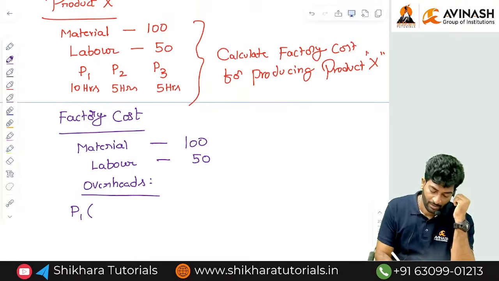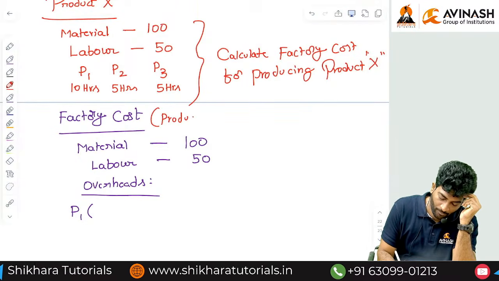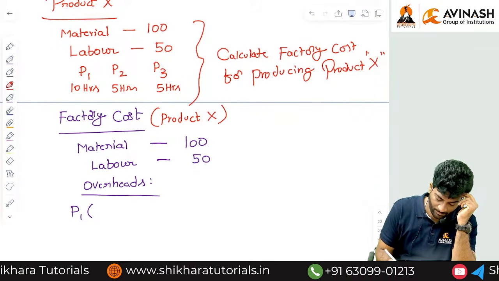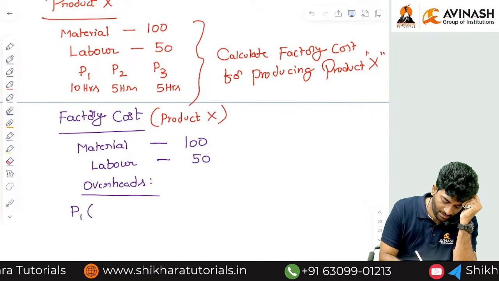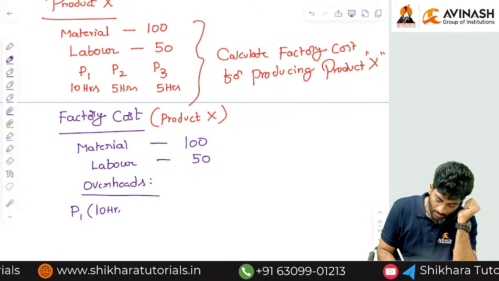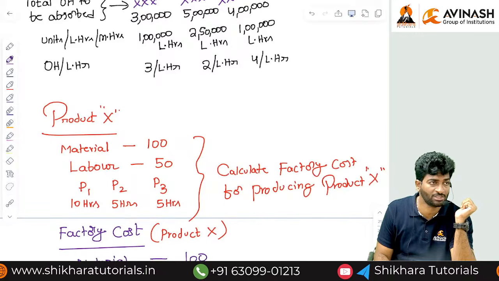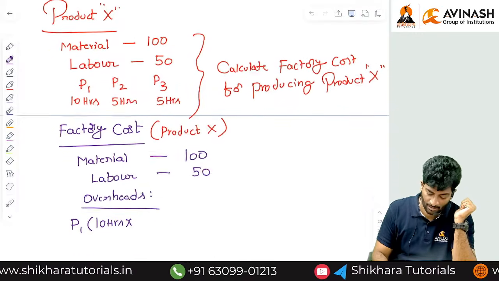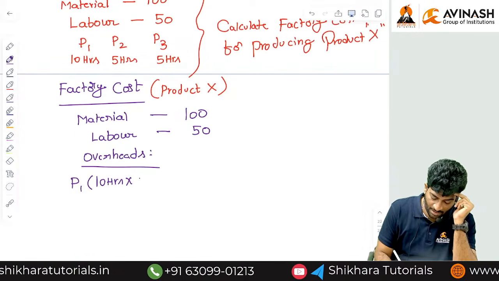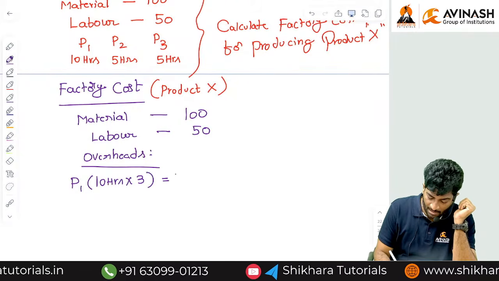I mean, factory cost for product X. So how many hours is it taking? 10 hours, right? For 1 hour, just now you identified the absorption rate or recovery rate. How much? 3 rupees. So for 1 hour, if it is 3 rupees, as it is processing for 10 hours, can I say 30 rupees?